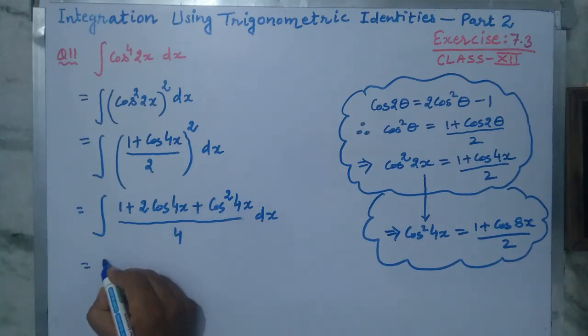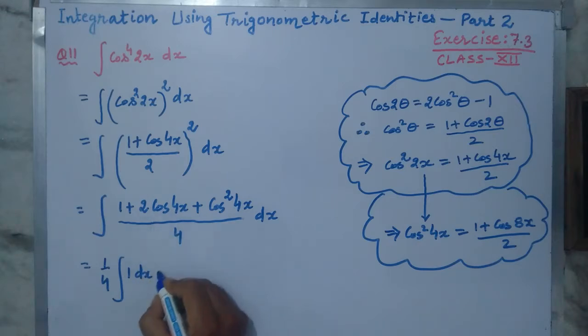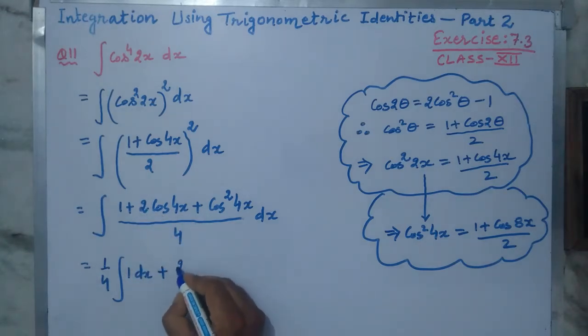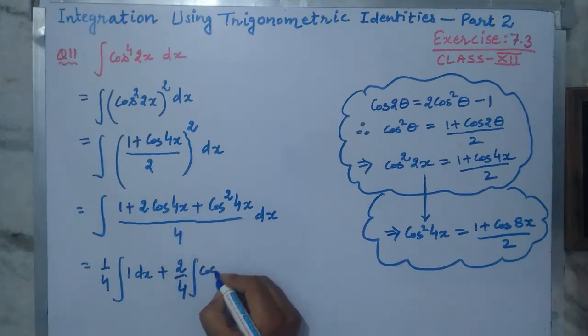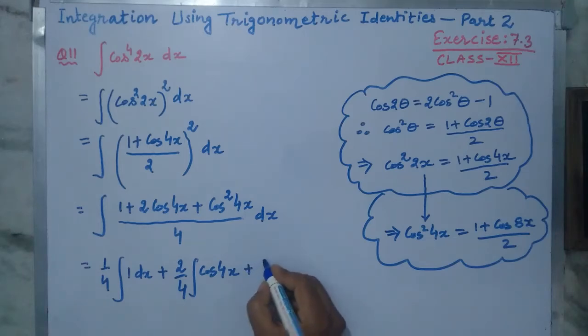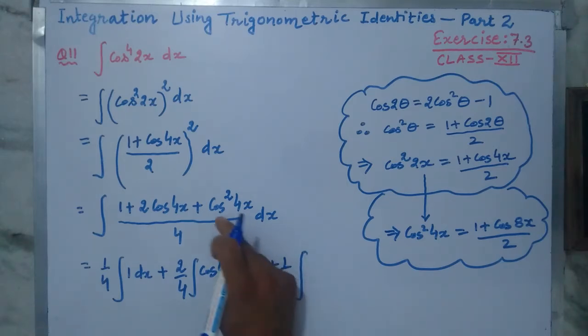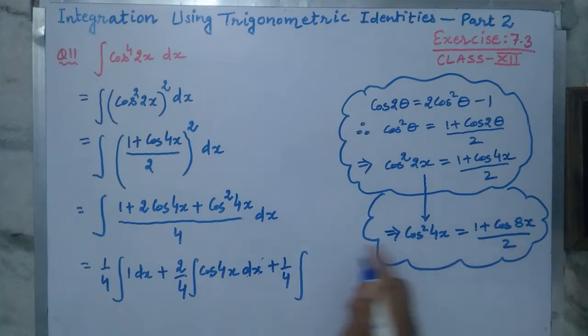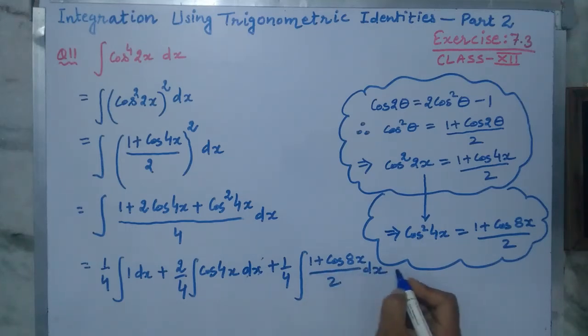We have now 1 upon 4 outside, integration of 1, plus 2 upon 4, integration of cos 4x, plus 1 upon 4, integration of cos square of 4x, which is equal to 1 plus cos 8x upon 2 into dx.